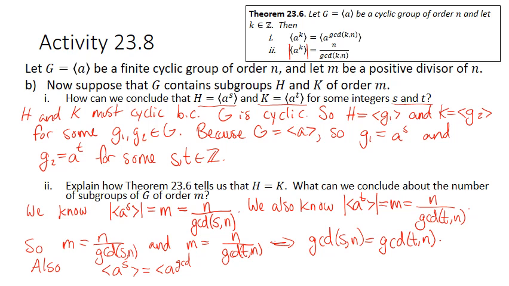Again, I'm just substituting S for K, so this is GCD of S and N. Okay, and then if I use that part 1 again for T, substituting in T for K, I get angle bracket A to the T equals angle bracket A to the GCD of T comma N. Okay, and we said that those two GCDs were equal, so if both angle bracket A to the S and angle bracket A to the T equal angle bracket A to the same number, then we get the following: angle bracket A to the S equals angle bracket A to the T. Like I said, that's a little tricky to figure out, but there it is.